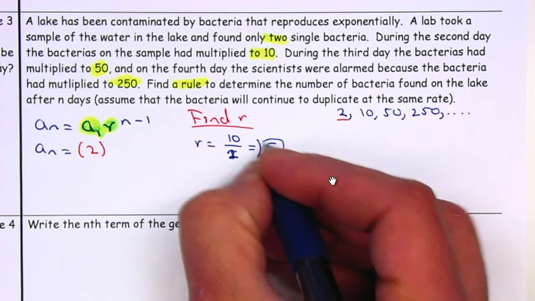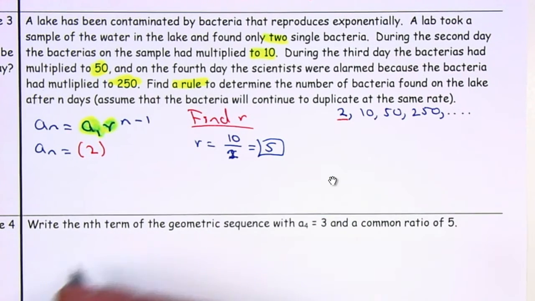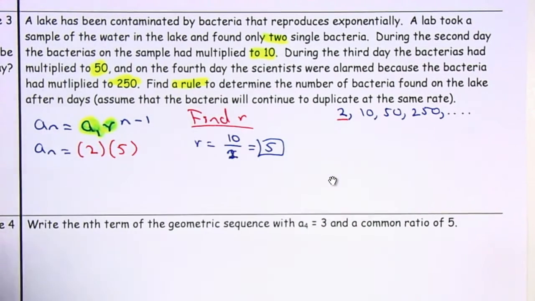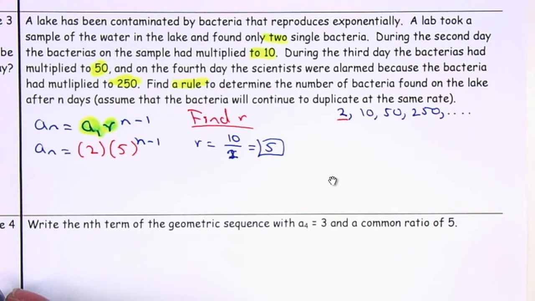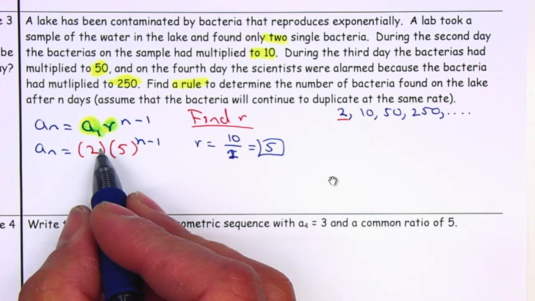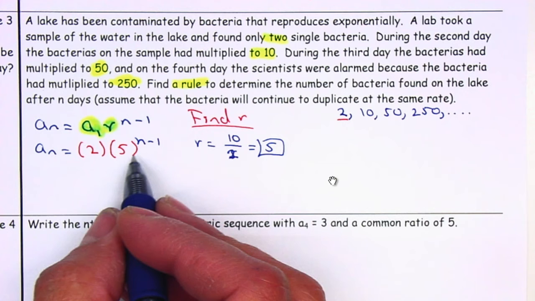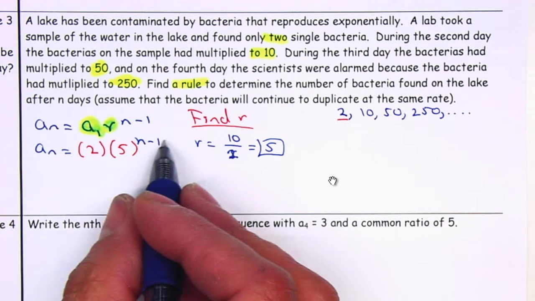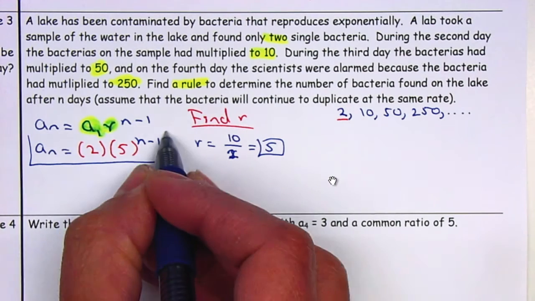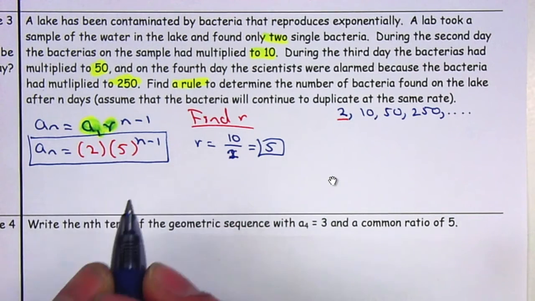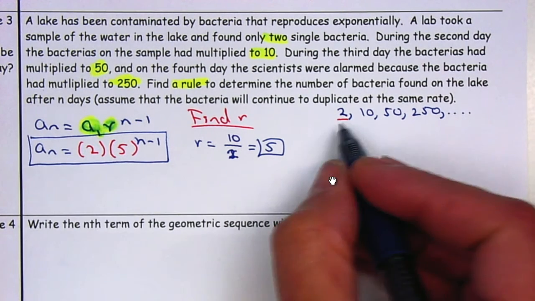So you're going to take the second term divided by the first term. That'll give me 5 to the n minus 1. Remember not to multiply those two numbers because the exponent belongs only to the 5. So 5 to the power of n minus 1. And this will be your answer. This will be the equation, the n term, that will allow you to find any number on the sequence.